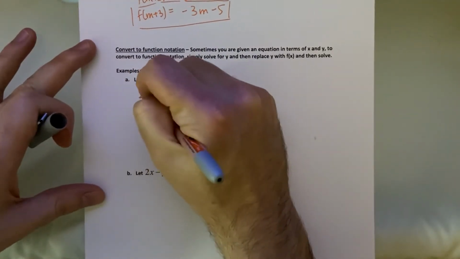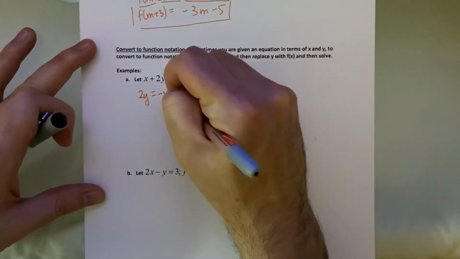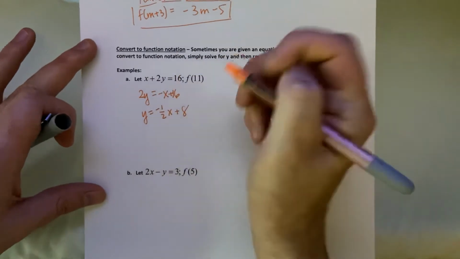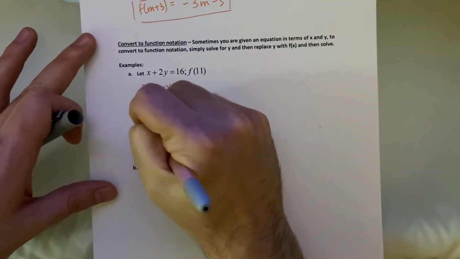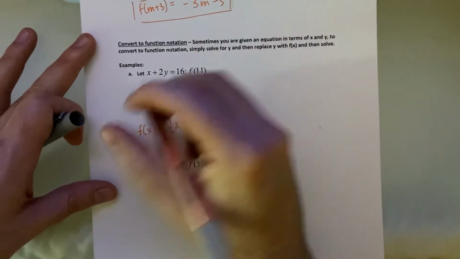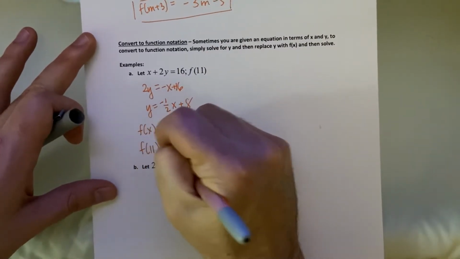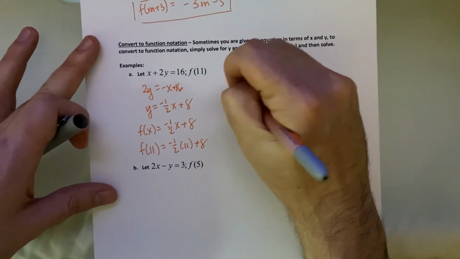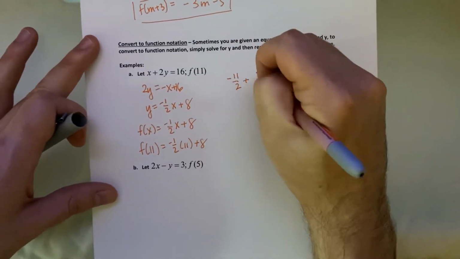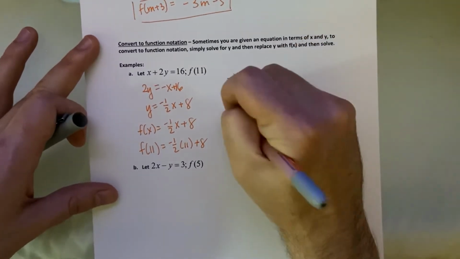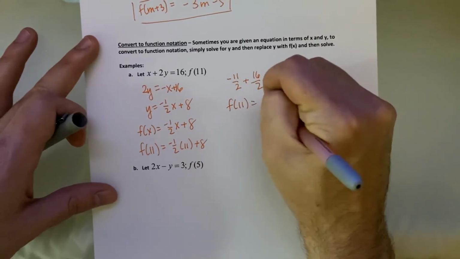However, we can also say 2y equals negative x plus 16, means y equals negative 1/2 x plus 8, and say, well, y is really just f of x once we've gotten it to this point, and then plug in 11. Negative 1/2 times 11 plus 8 is negative 11/2 plus 16/2, which is 5/2. It's f of 11 equals 5/2.